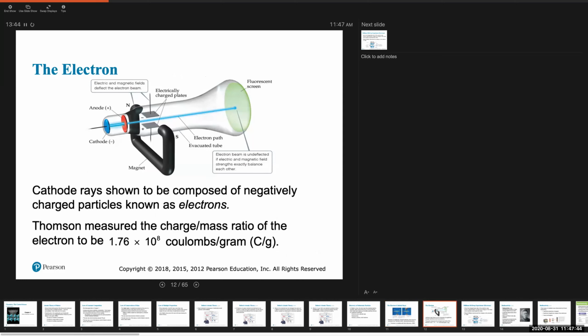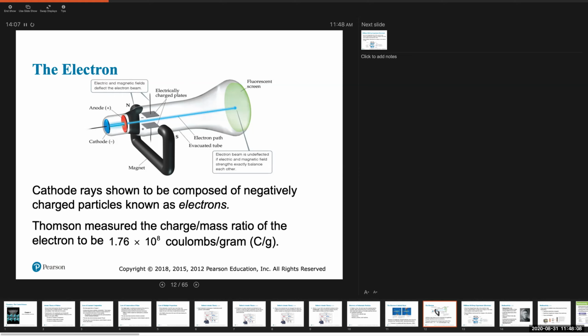This is just another example of this. In this case, they have positively and negatively charged plates there in the middle. They have a magnet as well, just as they had on the other one. And you can move the ions around based on how you apply that magnetic field and how you charge those plates up.